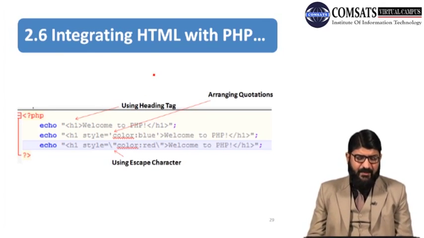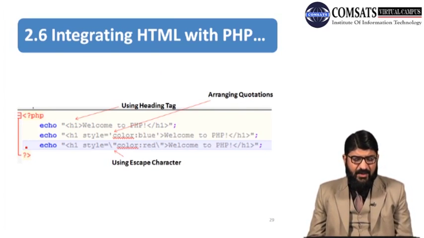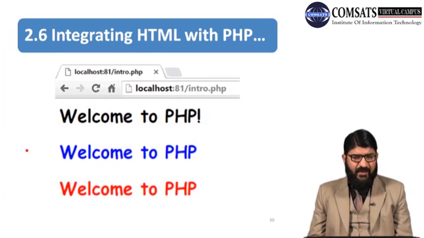So you are mentioning the escape character as well, and do consider that you are now using the PHP start and end tags for it. So what is the output? Welcome to PHP one way, welcome to PHP the other way, and welcome to PHP in the third way.